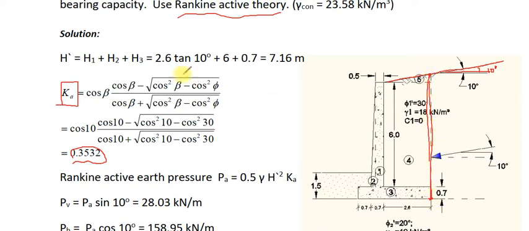Here the total H will be H1 plus H2 plus H3. H1 or H3 equal to 0.7, and H2 equal to 6 meters.